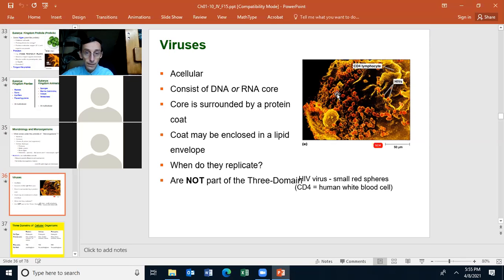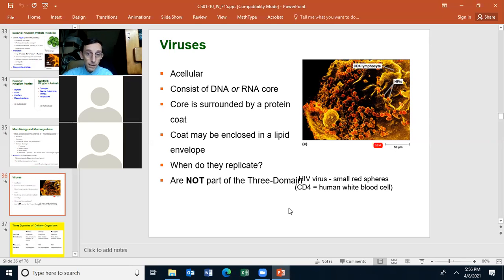And when do viruses replicate? Viruses replicate only when they are inside their host cell. So a virus infects its host cell, gets inside of it, and then the virus can replicate. A virus cannot replicate outside its host cell.